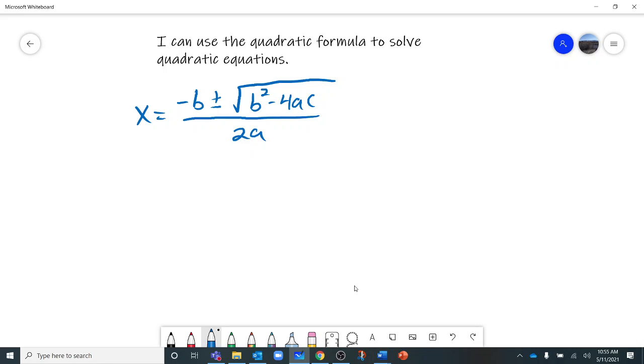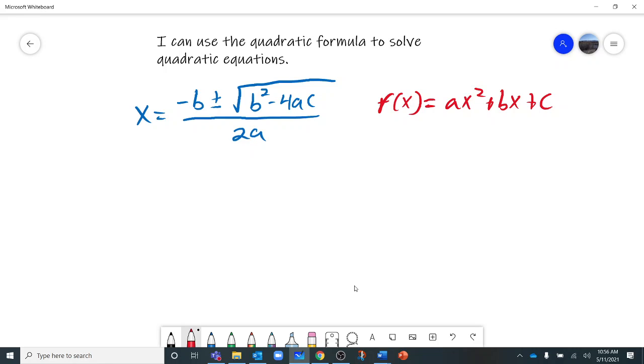And so the quadratic formula, we use this to solve any quadratic. The standard form of a quadratic is f of x equals ax squared plus bx plus c. We use those letters in the quadratic formula. The quadratic formula is negative b plus or minus the square root of b squared minus 4ac. Those are multiplication. All divided by 2 times a.